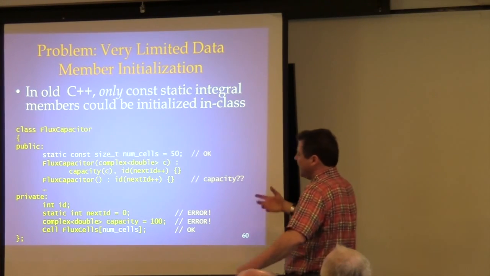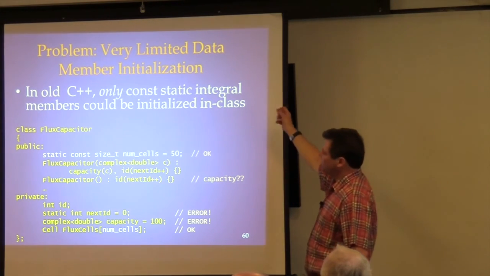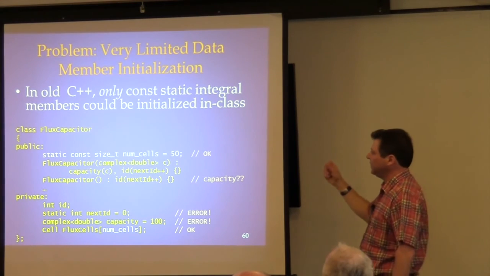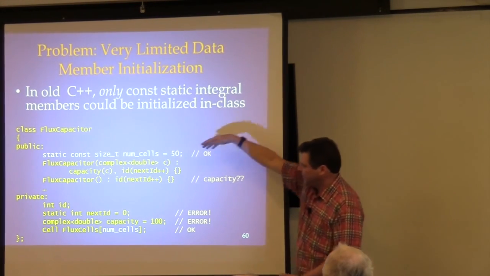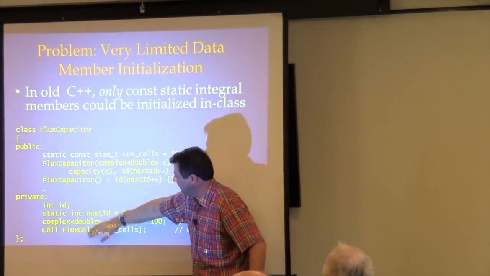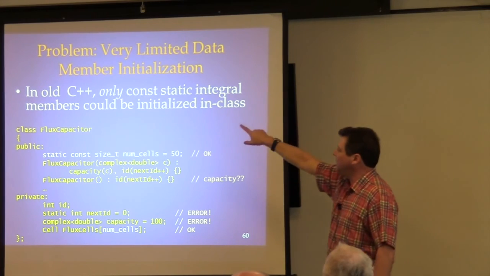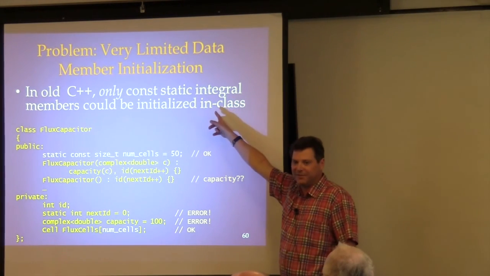So now let's look at data. In old C++, the only types of data members that you could initialize in the braces of the class definition were const, static, integral data members.